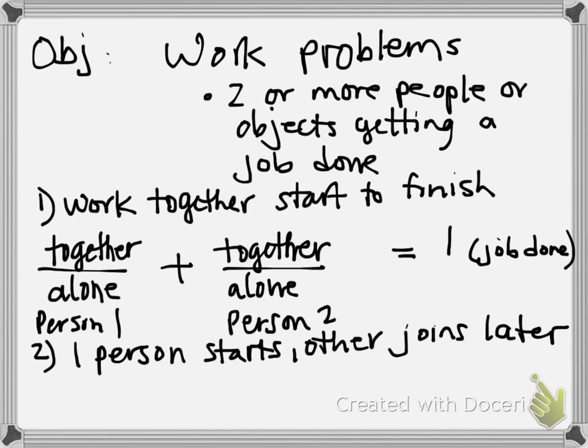So instead of saying alone, we're going to say actual. So it's still, how long do they work together, or, let's do it this time, not together. So this is your actual time, versus how long it would take them alone.